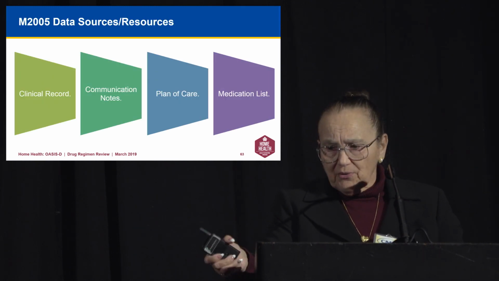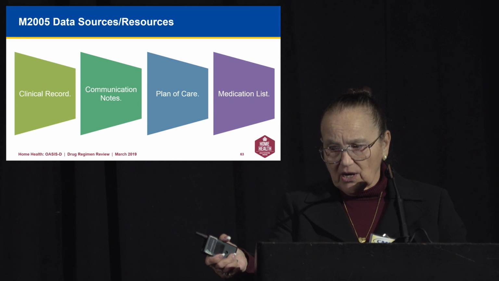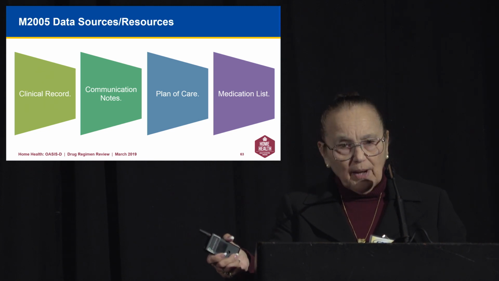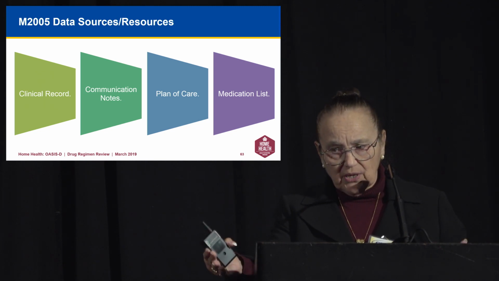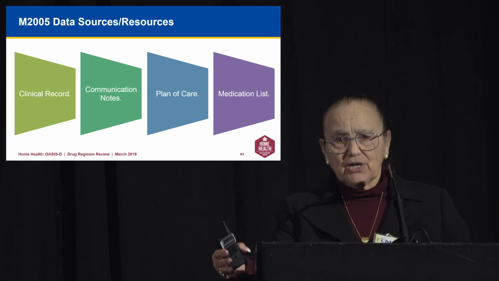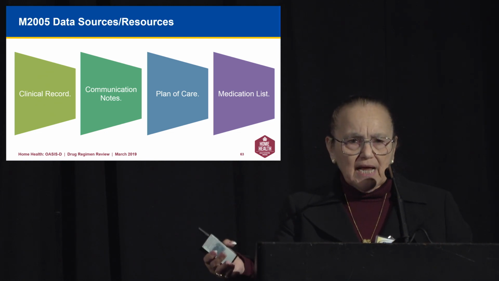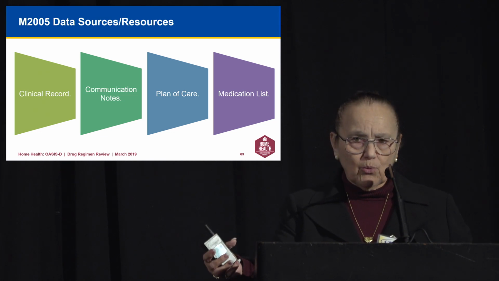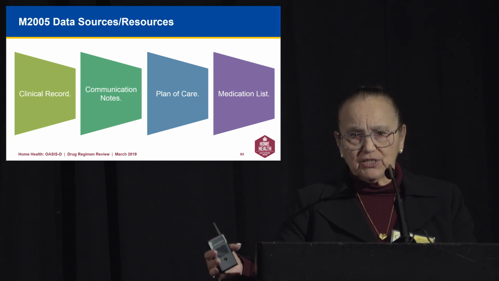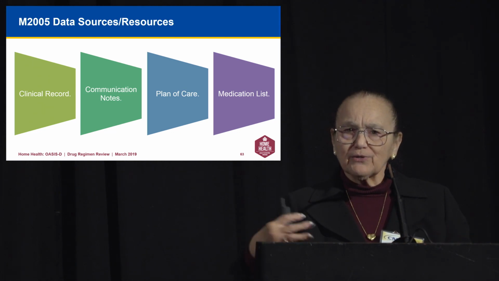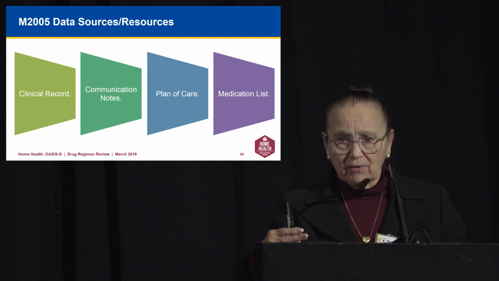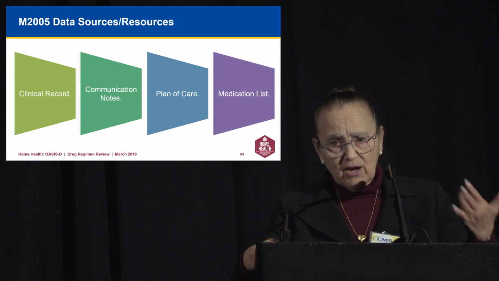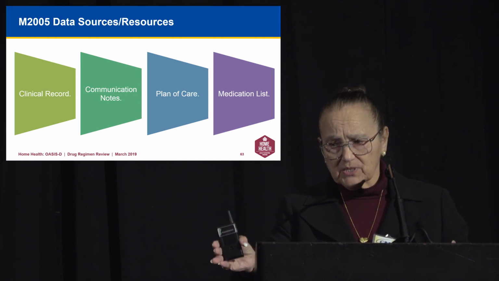For 2005, your data sources are the same. Your clinical record itself, looking at the whole episode of care. Communication notes. These have many different names depending upon the EMR you're using. Some of them call it care coordination, communication notes. We all use different terminology, but they're there, and you need to look at those carefully when you're auditing that whole episode.